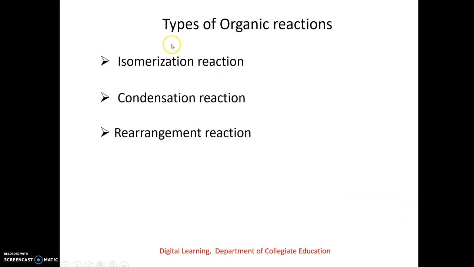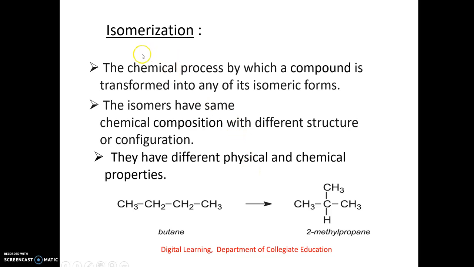Coming to the types of organic reaction, as I said: isomerization, condensation, and rearrangement reactions. Coming to the isomerization reaction, it is a process in which one molecule is transformed into another molecule, which is the isomer of the first molecule.